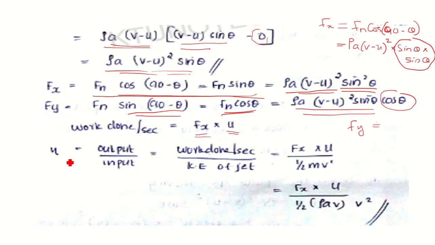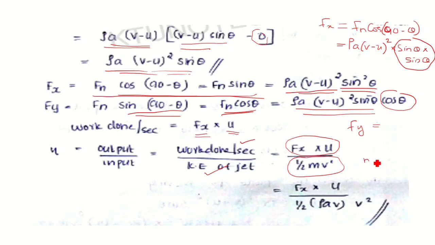So efficiency is equal to output by input, which is work done per second divided by kinetic energy of the jet. Output is work done per second and input is kinetic energy of the jet. Output will be F of x into u, which is the work done, and input will be half m v square.